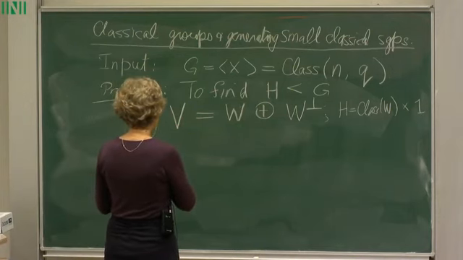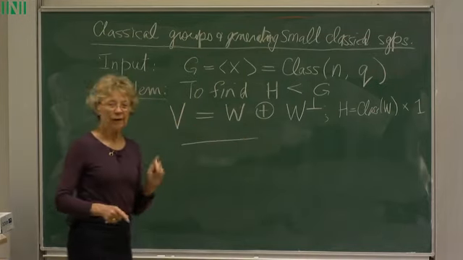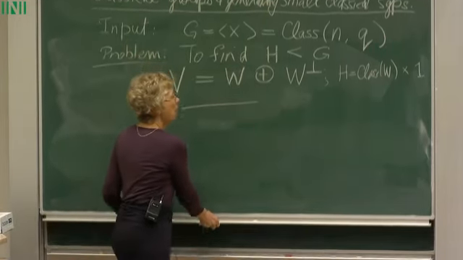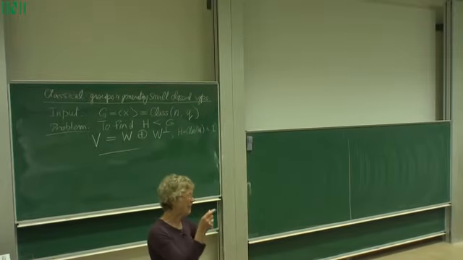Okay, so how do you find H and how do you find W? So the idea is that Heiko and everyone, I'm going to have to say Heiko et al., aren't I?